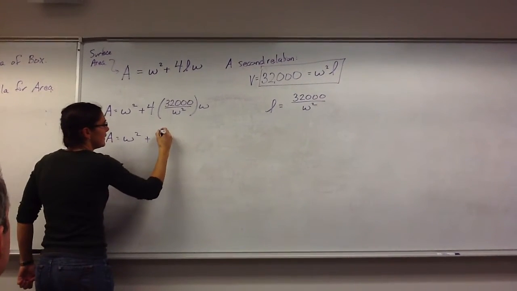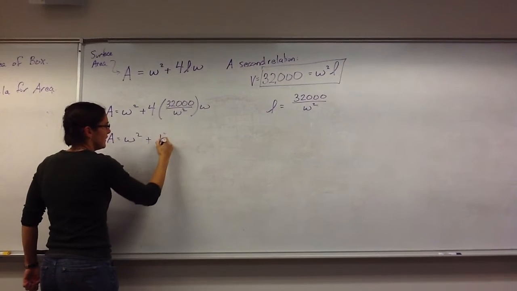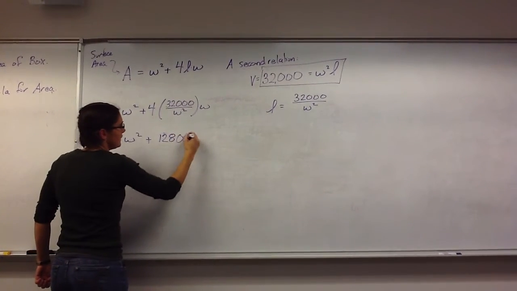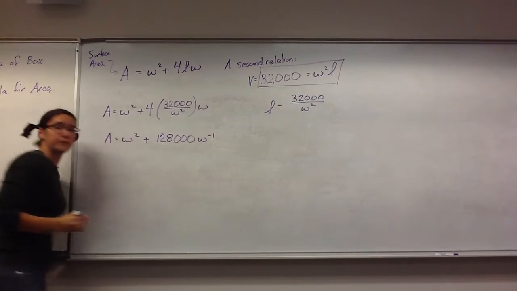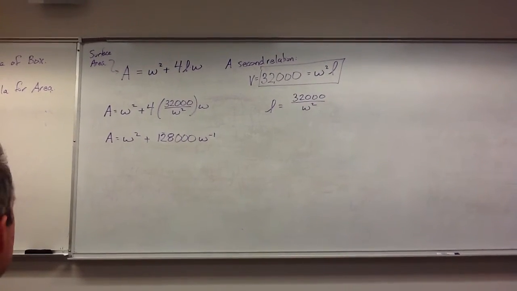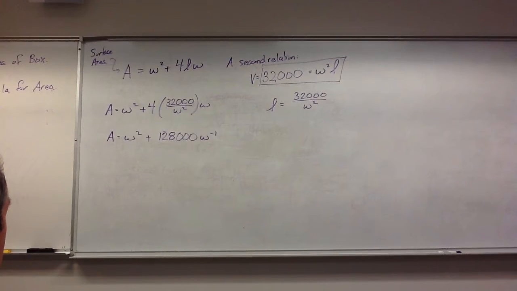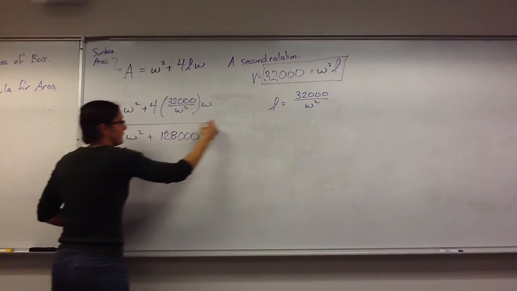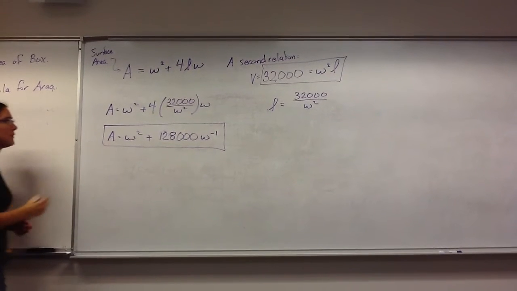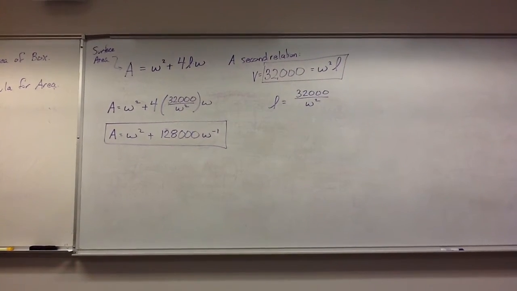Yeah, so we have 128,000, and then we have W to the negative 1, because we have W over W squared. Okay, so this is our area formula. Area is equal to W squared plus 128,000 W to the negative 1.